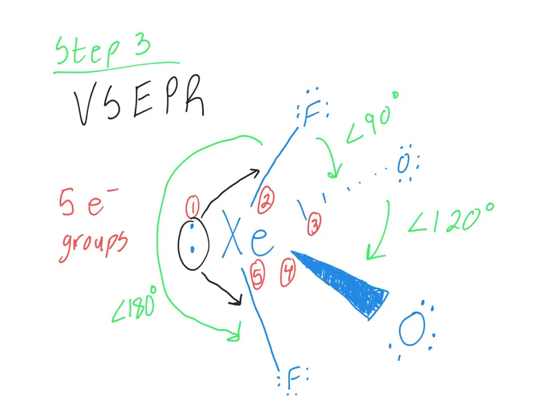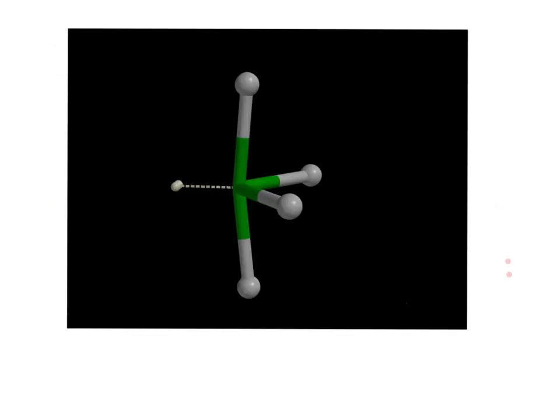In the next slide, we will see a model of how this VSEPR looks. Here's the model of the VSEPR, and that's how it should look. In our next step, we determine the name of this VSEPR model.